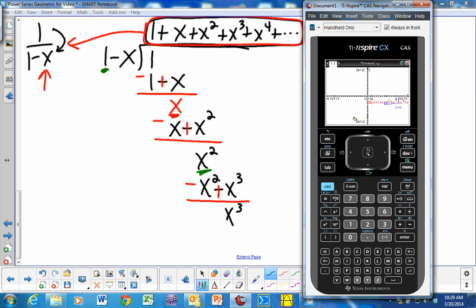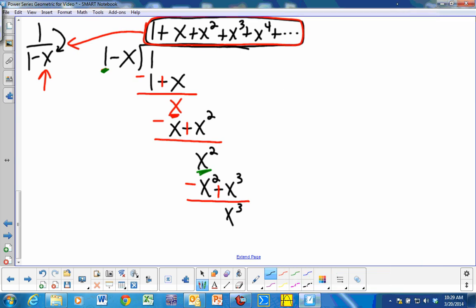Obviously, when you get over in this area, clearly it's not the same. But it is very close to the same between -1 and 1, which is where we just learned it converges. So that's what it means by verify graphically, and it wouldn't hurt you to do that on lots of them, just so you can see that idea about how close they are.